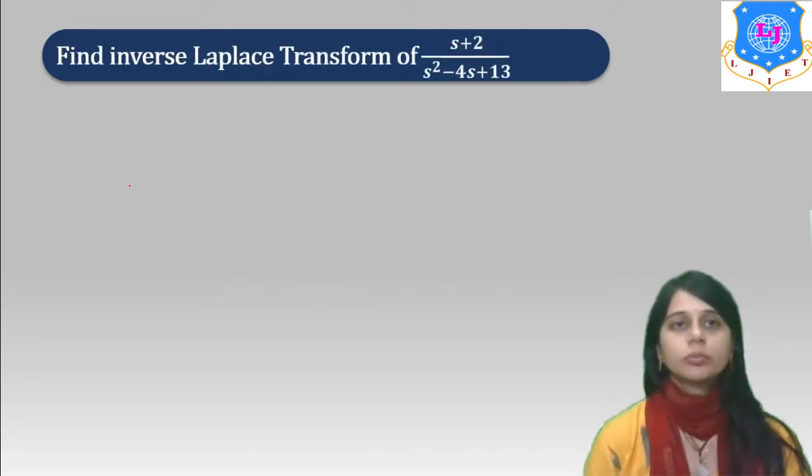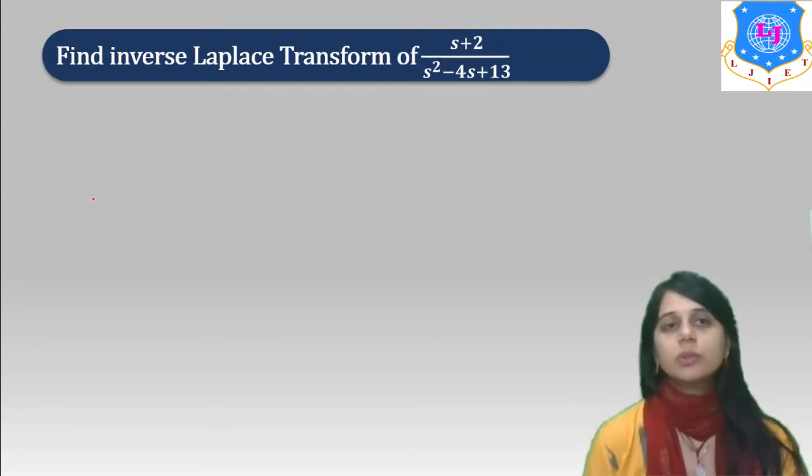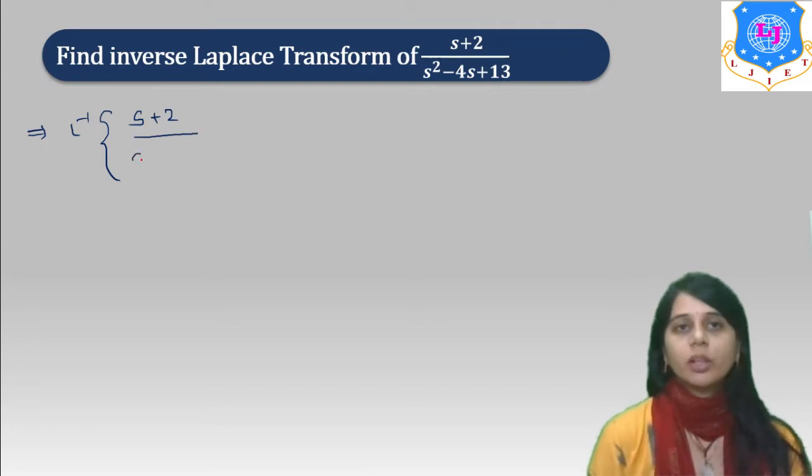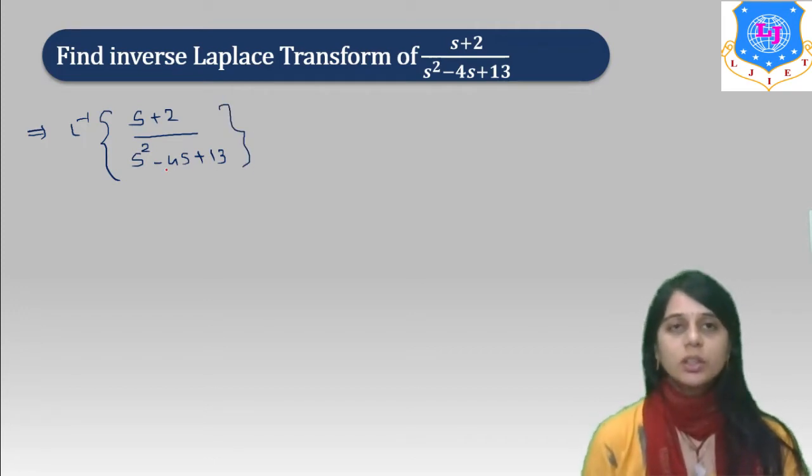One example, find inverse Laplace transform of s plus 2 upon s square minus 4s plus 13. So, first of all, s plus 2 upon s square minus 4s plus 13. Okay. Now, see in denominator, there is no formula of the Laplace transform that we can apply directly.